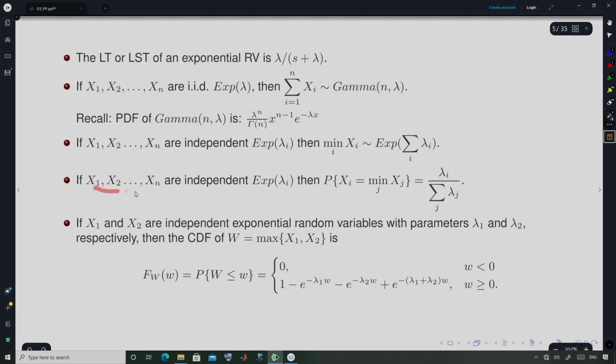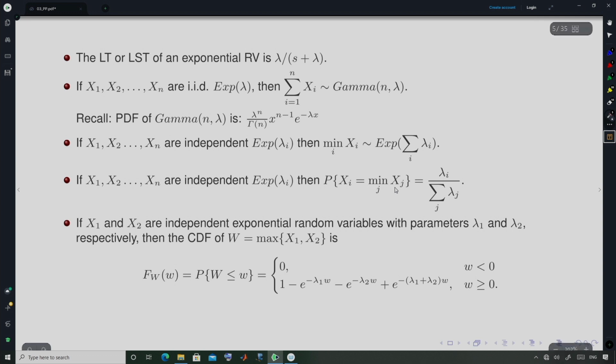Similarly, if these are independent with exponential lambda i, then the probability that xi is the minimum is given by lambda i divided by the summation of the lambda j's, right. So, what you are looking at is xi being the minimum.